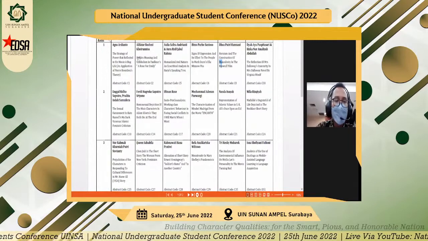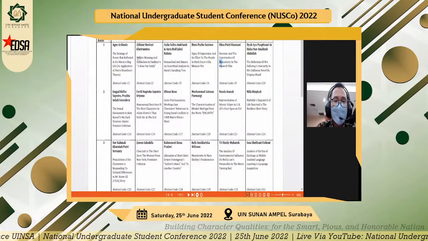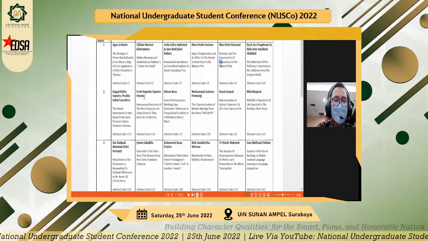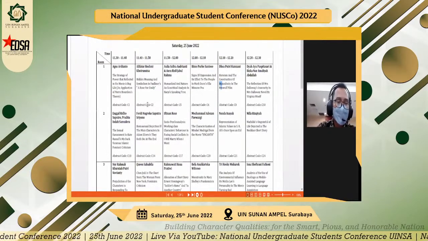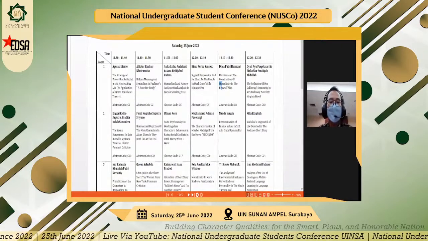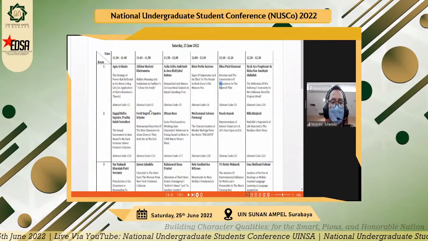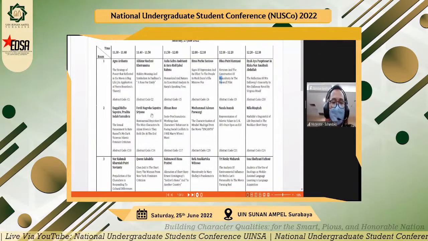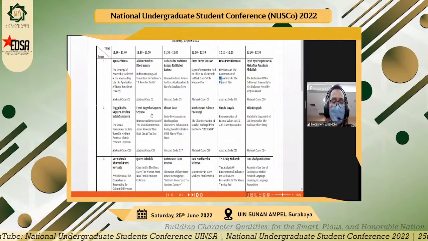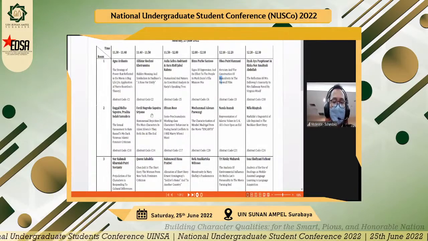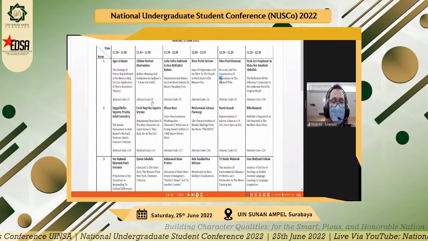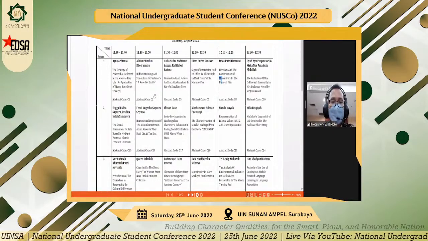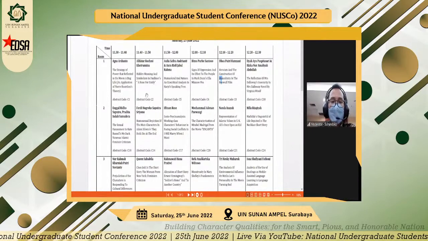Okay, let me repeat. The presenters, please join the breakout rooms as assigned in the schedule. And for the participants, you are free to join any room, from 1 to 6. I will share this schedule in the Zoom chat box so that you can check by yourself the speakers and also the papers that you are interested in listening to.